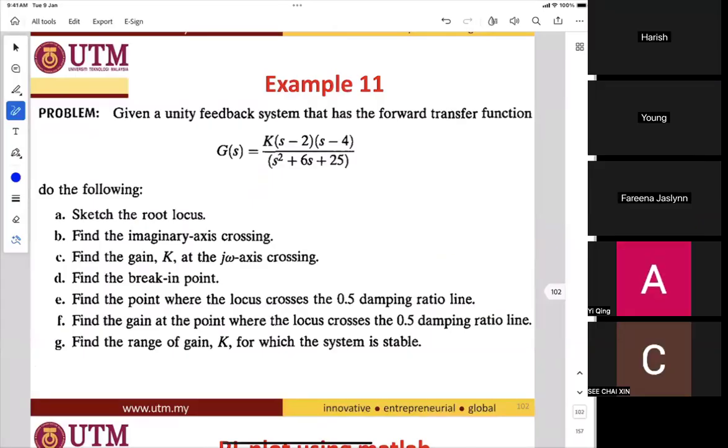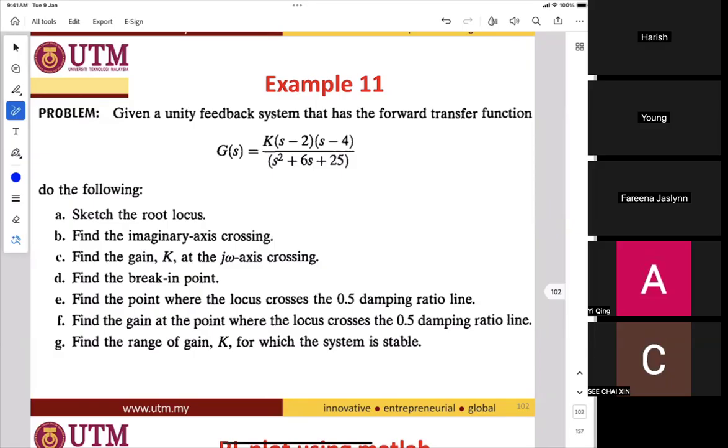Farina Jaslin, yes Doctor, can you read the question? Example 11. Given a unity feedback system that has the forward transfer function G(s) equals K (s minus 2)(s minus 4) over s squared plus 6s plus 25, do the following. A. Sketch the root locus.